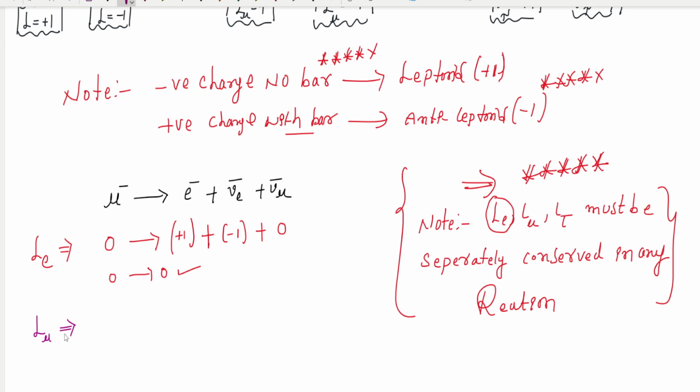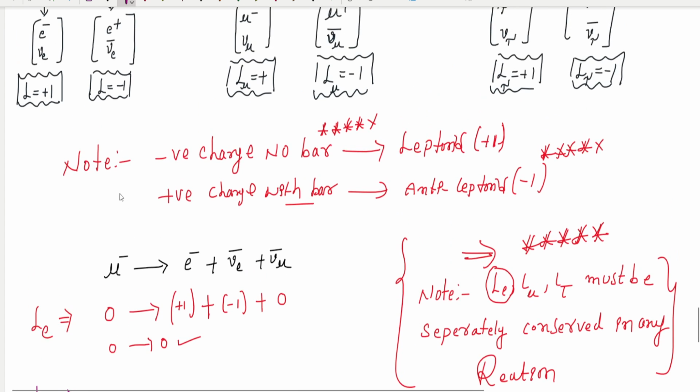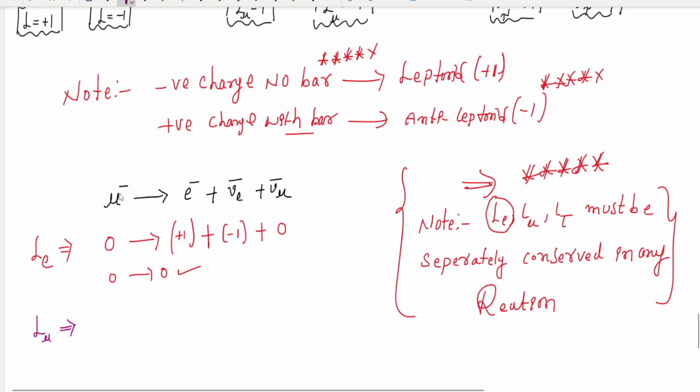Here I'm going to check this lepton number in terms of mu particles. This is mu, this is not bar, just minus, right? So this is something plus 1 charge tends to electron 0 plus 0. This is mu bar, right? This is already plus and this charge is minus 1.